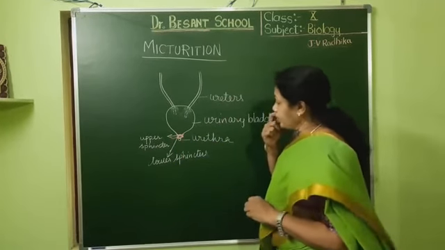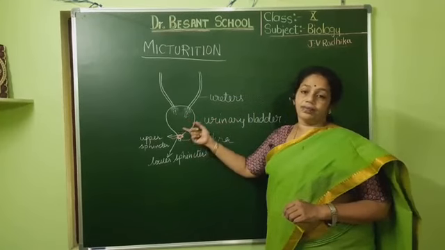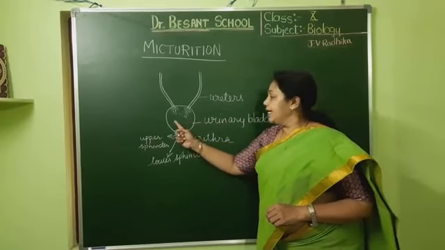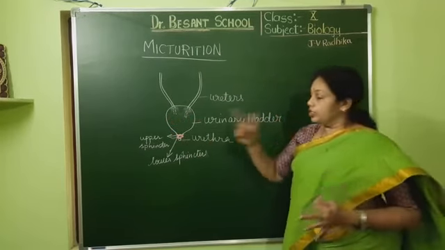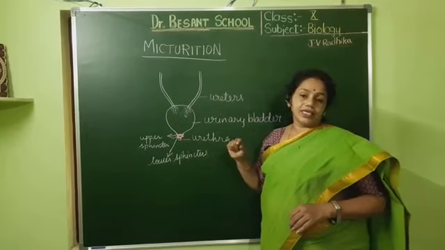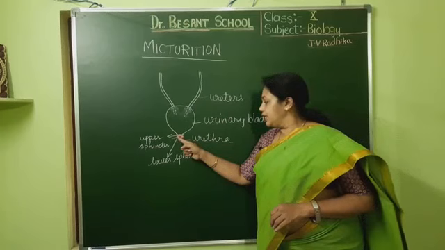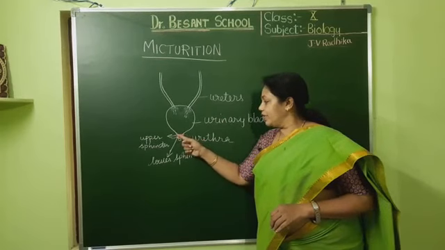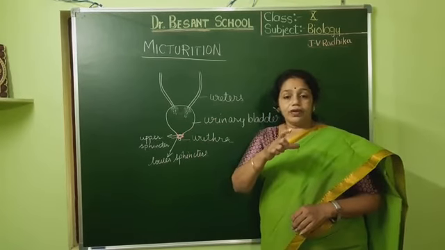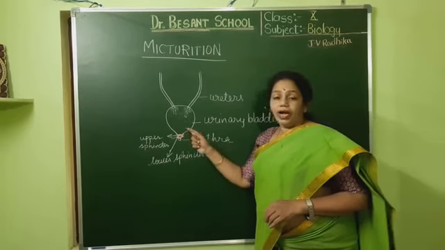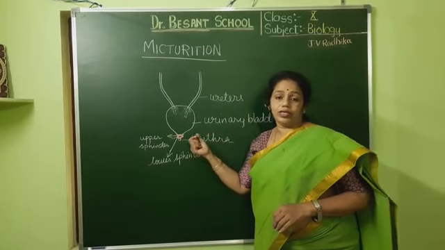Now as this urinary bladder fills up to 300 to 400 ml, this bag will distend or increase in volume. This creates a reflex action and a message is sent. Due to that, the inner or upper sphincter muscle will open, and we feel like passing the urine.